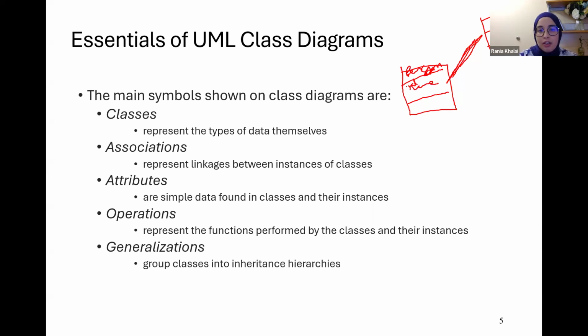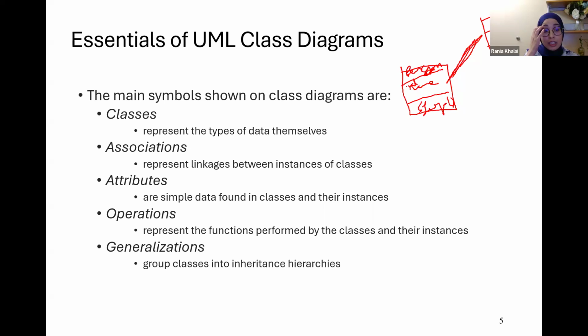And functions, like what a person can do, for example learn, sleep, maybe eat. It depends. So mainly this is the class: it has a name, associations with other classes, attributes, and operations.